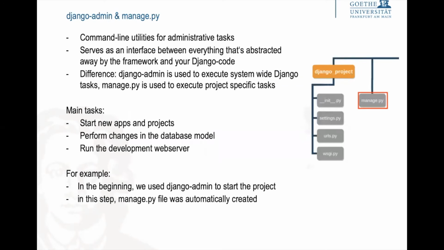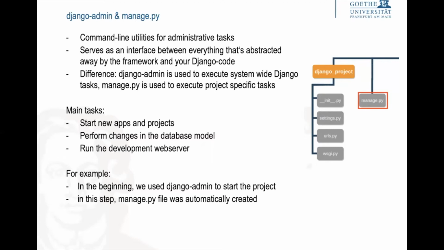So continuing with the Django admin and the manage.py, they are both pretty similar in usage and functionality, which is basically performing administrative tasks, and are mostly called by the CLI and used with CLI commands. They both serve, so to say, as an interface between everything that is abstracted away by the Django framework, below the surface, and the Django Python side that you code.